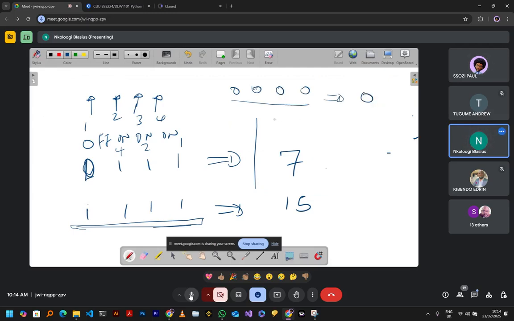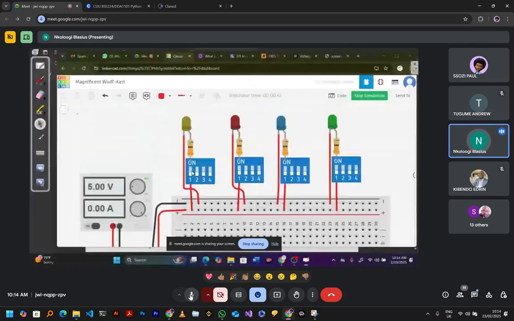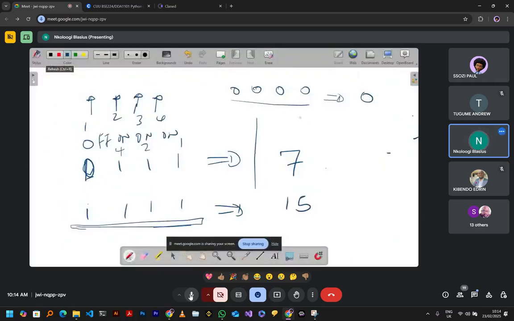Is this 0? And now I go and I switch on one of the LEDs. It is on, okay? I don't know if yours are working. Mine is already working. So I have this as the second observation. Then I say, okay, this is 8. Is it 8?